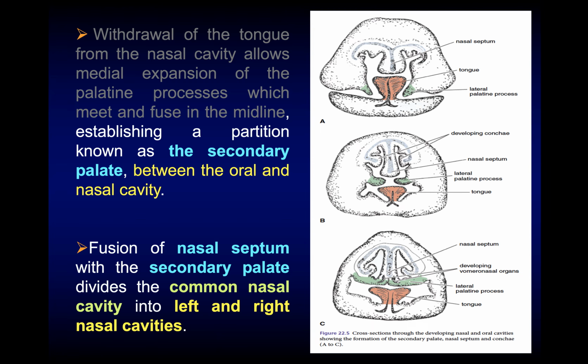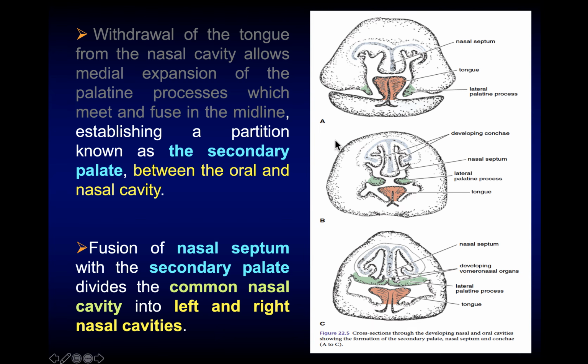So the primary palate is formed by a membrane, which is the oronasal membrane, whereas the secondary is formed due to the expansion of the lateral palatine processes, the right and the left. As I said, they fuse together. And the second important thing we can see here is the area of the nasal septum, which, as I said, divides the right and left nasal cavity.